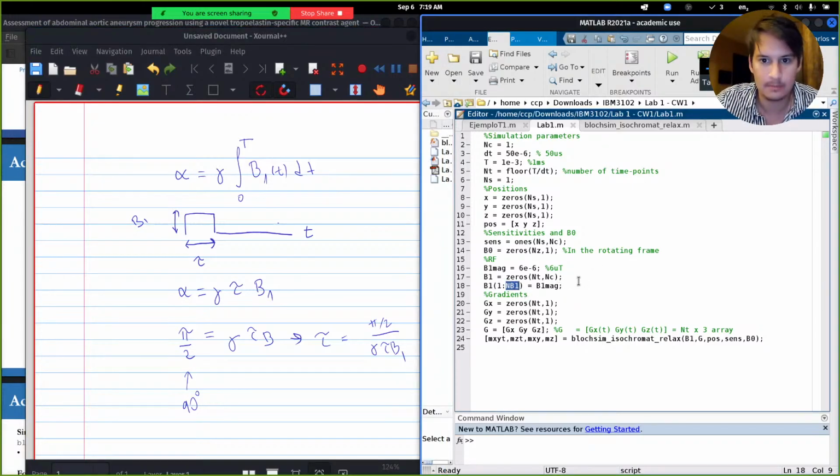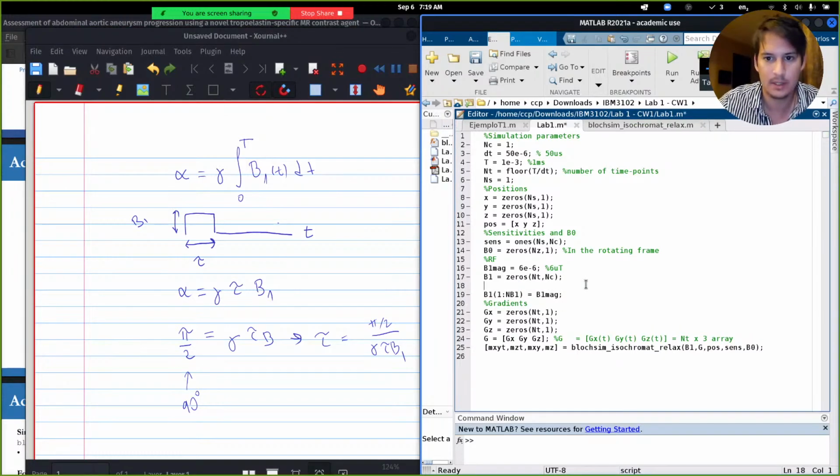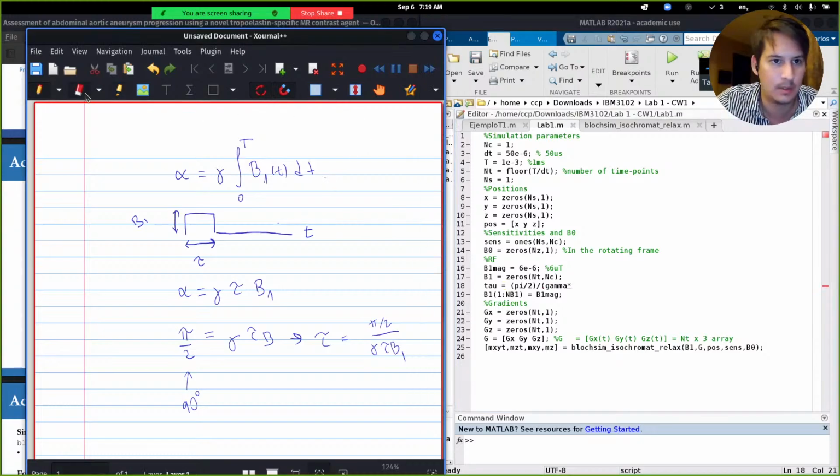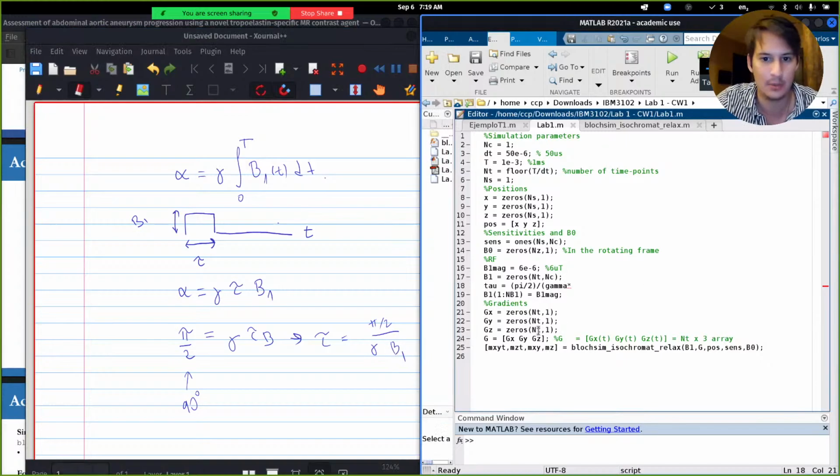In MATLAB, that means that tau equals pi and a half divided by gamma, that we do not have defined yet. Gamma, oh sorry, I put tau again there. Now it's correct. Gamma b1 magnitude, basically that. And we can define our gamma here.